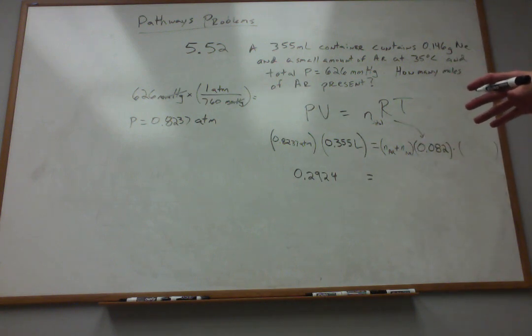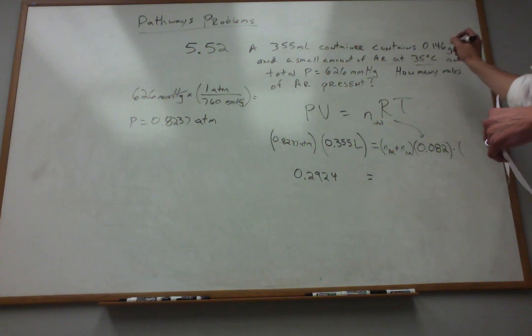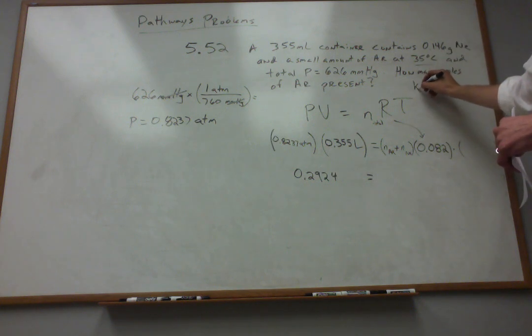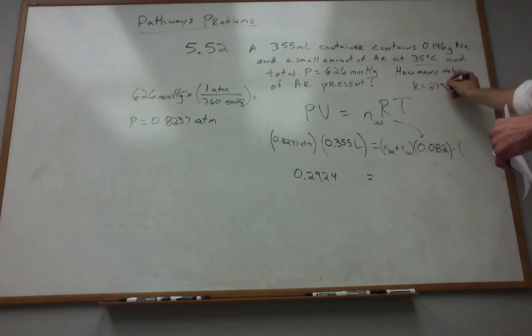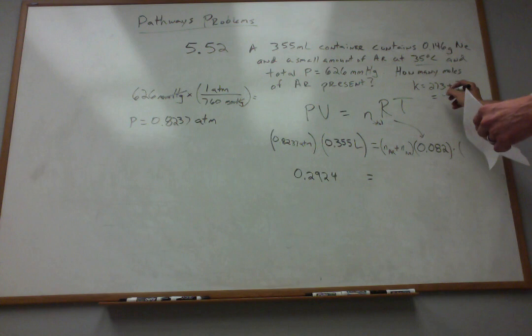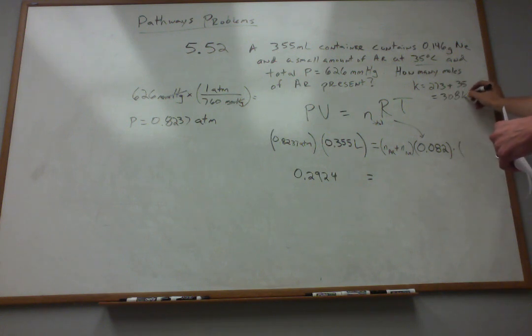Remember, whenever I have T's in these equations, they must always be Kelvin temperatures. Extremely important. Now I'm given 35 degrees Celsius, but I know that my Kelvin temperature is just 273 plus 35. So that works out to 308 Kelvin, and my 308 is going to eventually go right here for my temperature.